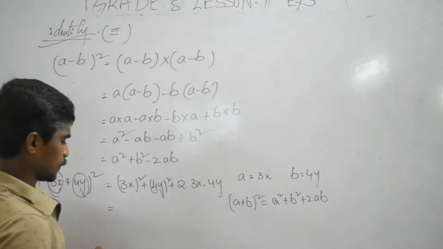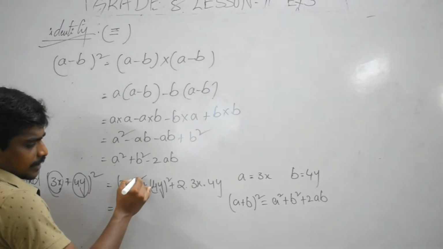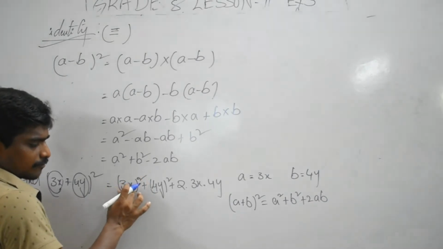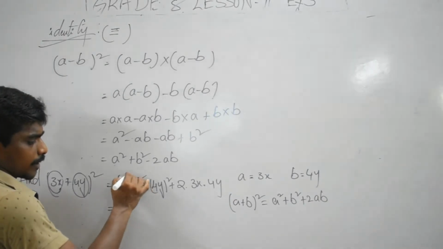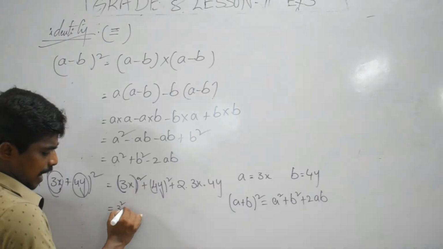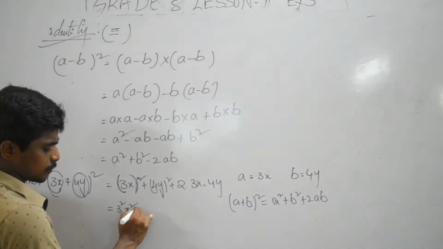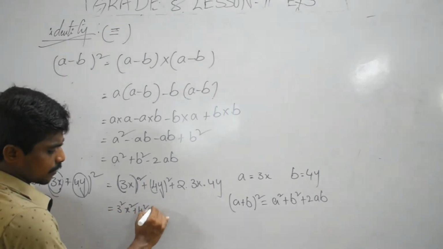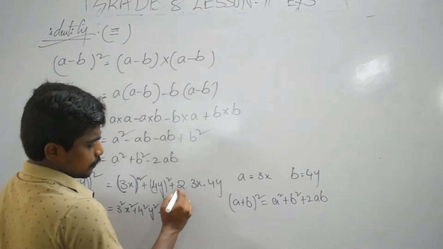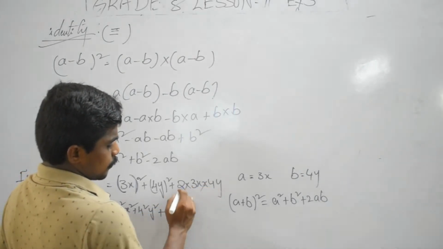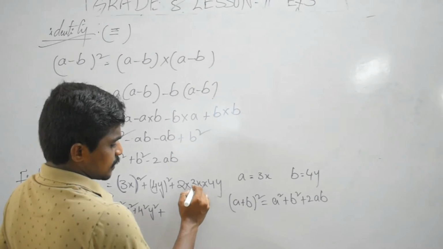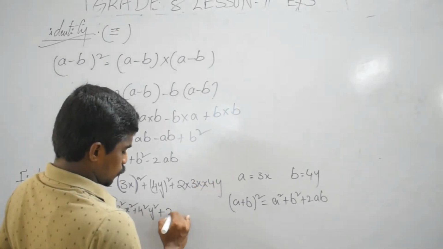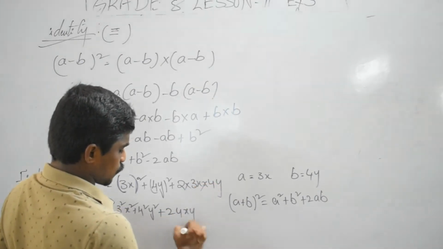Now here, see, these are squares, both we multiply with the whole square. So 3 square and x square as it is, 4 square and y square. Here 2 times 3 is 6, 6 times 4 is 24, and xy.